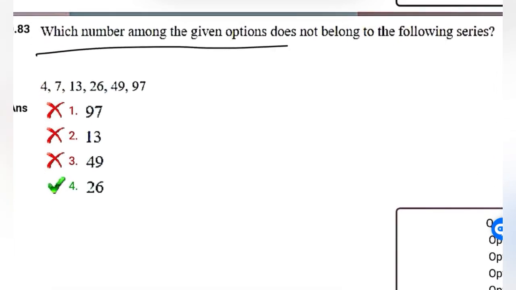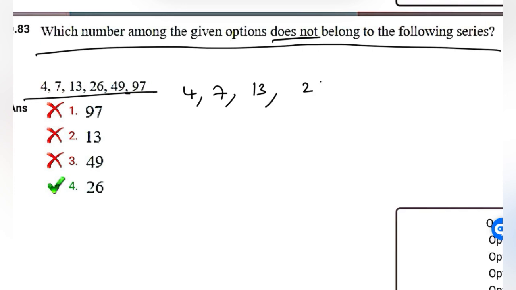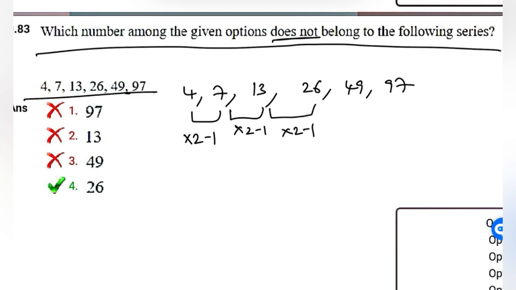Which among the following given options does not belong to the following series? Given series is 4, 7, 13, 26, 49 and 97. Here the logic is 4 into 2 minus 1, which is 8 minus 1, 7, and 7 into 2 minus 1 is 13, and 13 into 2 minus 1 is 25.